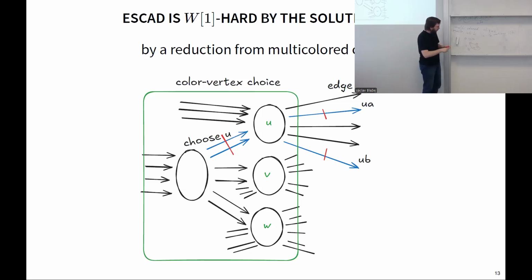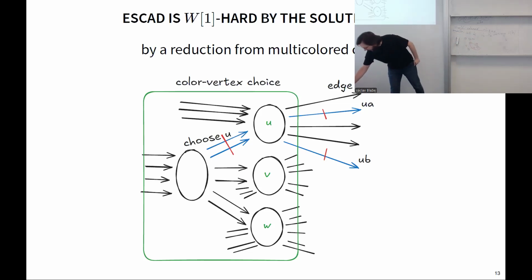So that's the multicolored clique. This problem is like the stable problem for parameterized complexity. It is known to be in the W1 hardness class when we parameterize by K, which is the size of the clique and the number of colors.